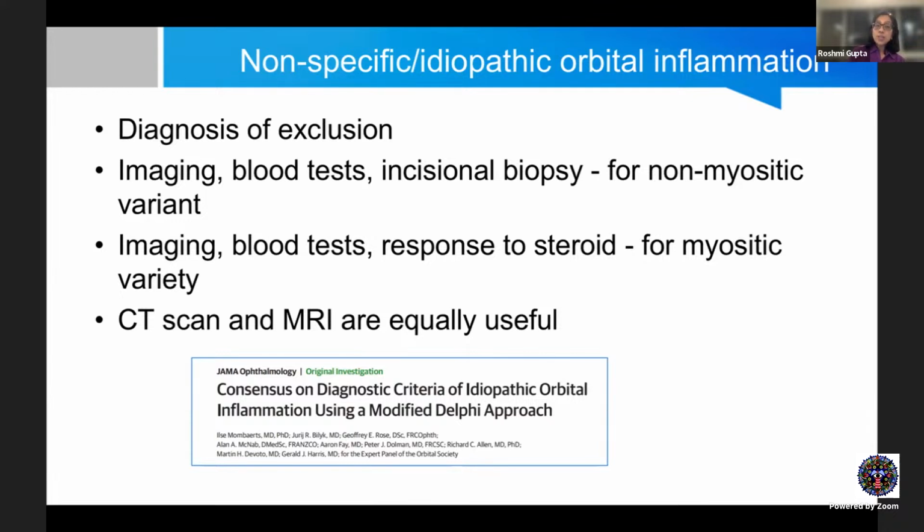So far as imaging is concerned, CT scan and MRI are equally useful. It's usually going to be an enhancing condition. Either it's going to be an enlargement of the muscle or the lacrimal gland. There may be some ragged edges, or there will be a diffuse inflammation or a mass lesion in the orbit itself.